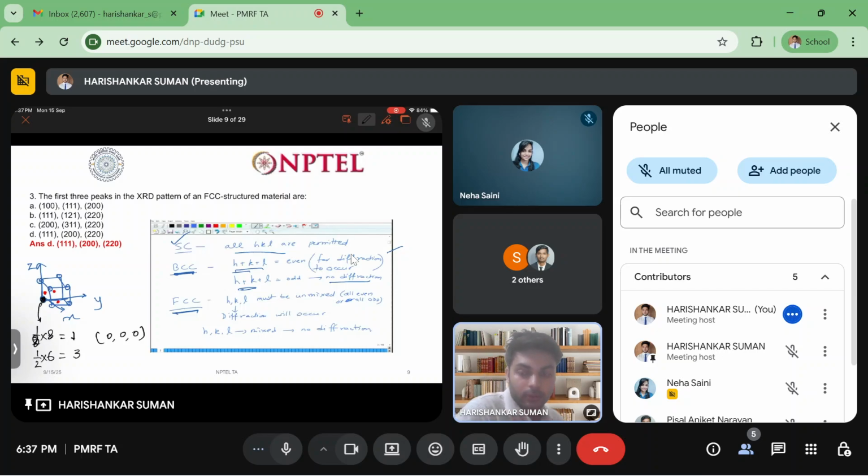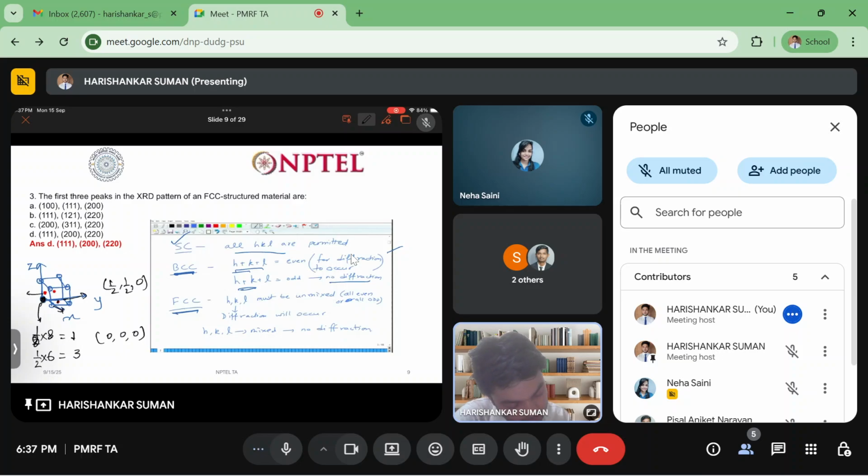The red ones are at the face centers. Let's say this is only the XY plane. The position X will be half, Y will be half, and Z will be 0.